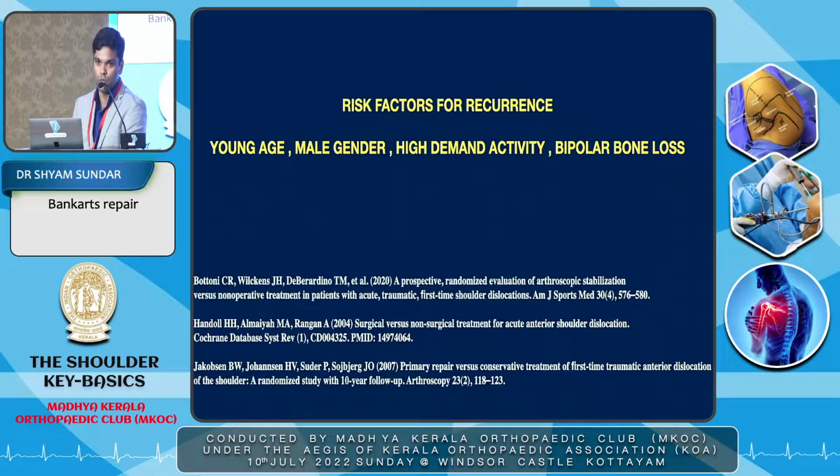What is bipolar bone loss? Erosion or anteroinferior glenoid bone loss in addition to a Hill-Sachs lesion. These are the two most important bony lesions which lead to recurrence, and these are the most important lesions which lead to failure following a Bankart repair. So you have to pay attention to this bone loss.